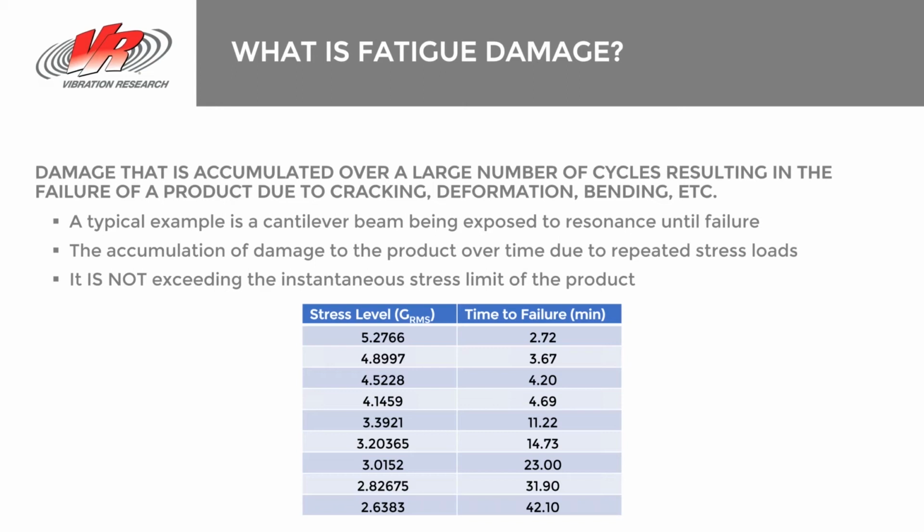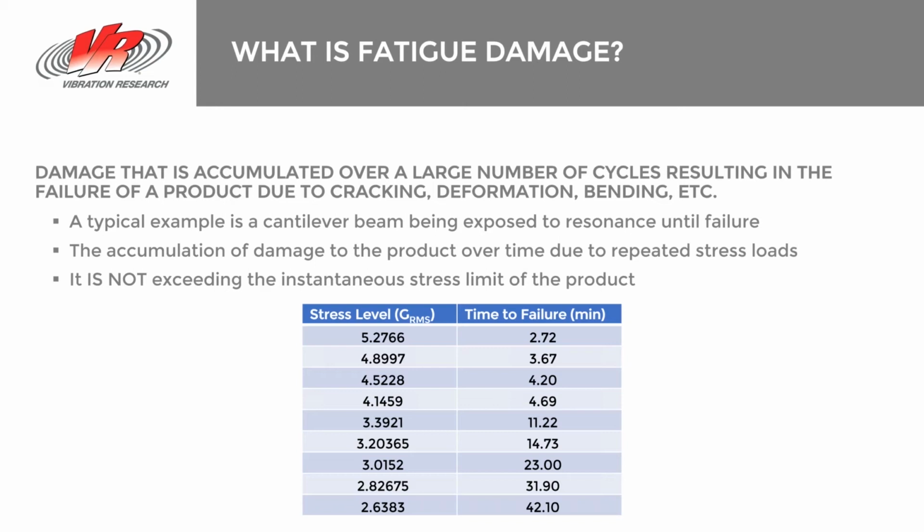So here I have a series of tests that I ran on a cantilever beam. In this case, when I started at the top, you can see I had a stress level of 5.2 Gs RMS, and my time to failure was 2.7 minutes. And as I decrease the overall RMS, or the overall stress level, it takes longer and longer for that beam to fail.